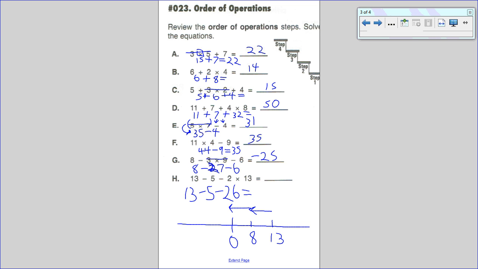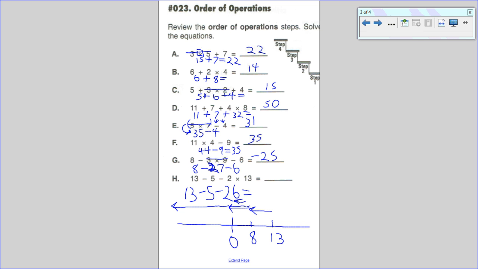Well, if we're at 8 and we must travel 26 this way, we're going to use up 8 of our 26 to get back to 0. Okay? So as we use up that 8 of our 26 that we have to travel, by the time we get back to 0, we've got 18, we only have 18 more to go.